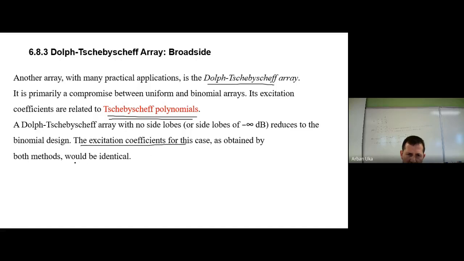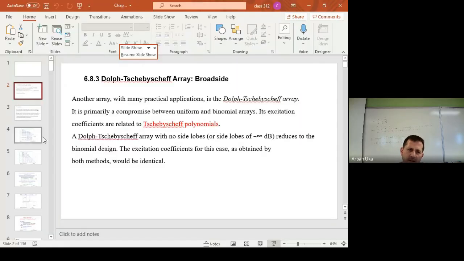Now, for the excitation, there are some approximations so that the Dolph-Chebyshev array coefficients can converge to the binomial distribution coefficients.